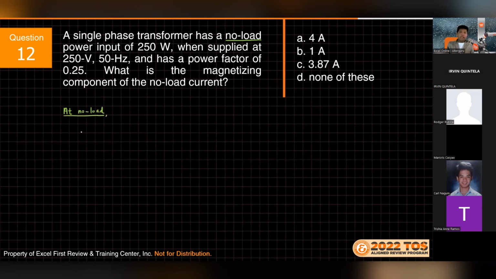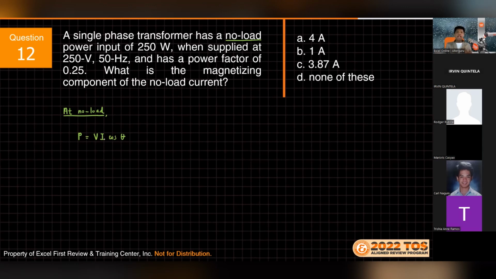Pag kumuha ka ng power at no load, it's always single phase, no? VI cosine theta. Okay po? And di ba po, pag power, we are only obtaining the magnitude only.